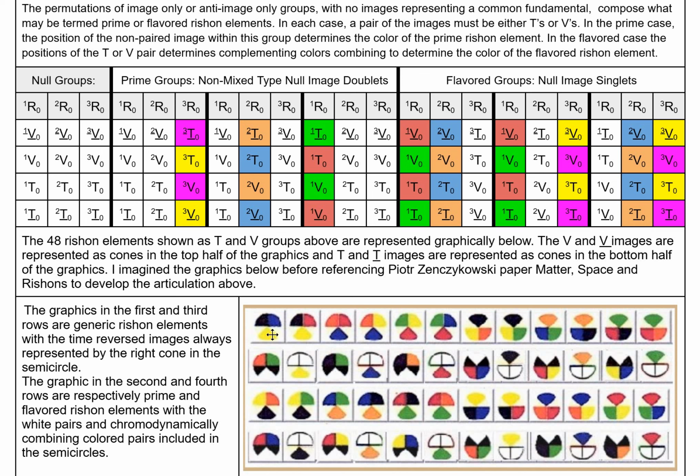And you can see there's 3 images in each of the graphics. I imagined the graphics below before referencing the paper, matter, space, and Rishons to develop the articulation above.